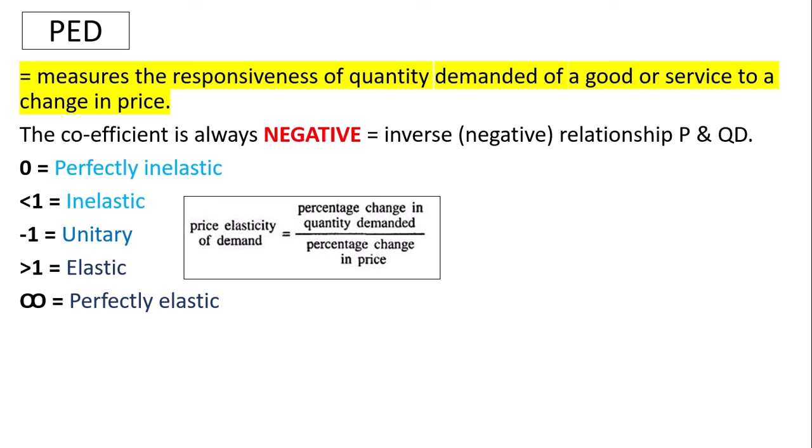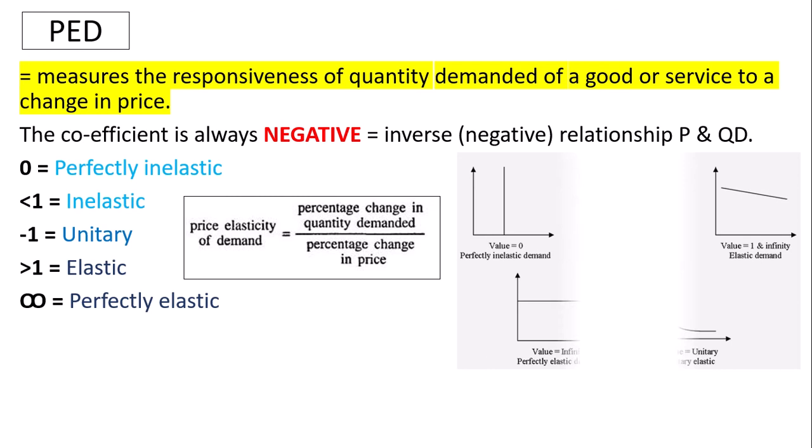So now what we'd like you to do is try and draw all the curves. So what the demand curves look like for each of these different elasticities. Please pause the video. So hopefully you've got the following diagrams.